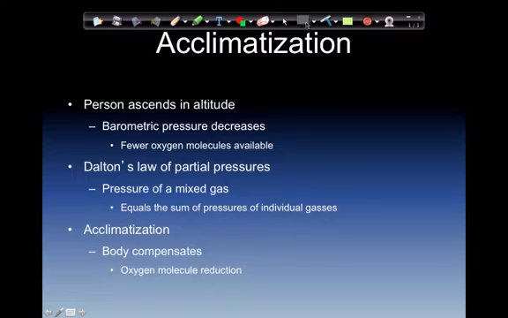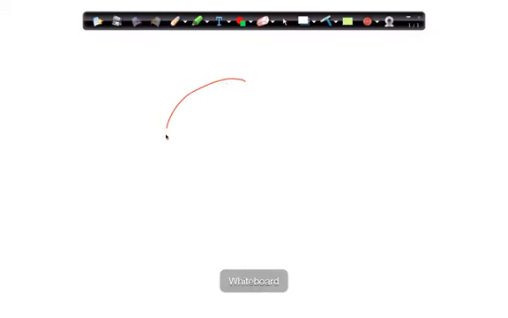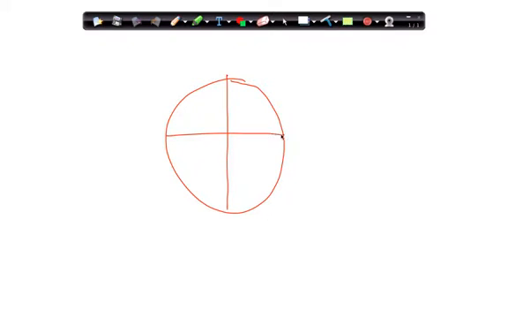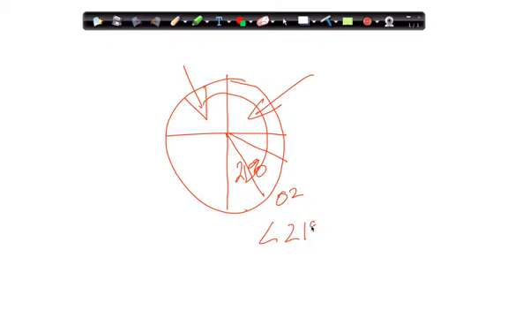Now, I'm going to talk about this for just a second because this is pretty confusing. I look at this like a pie. 21% of that pie is oxygen. If we add anything else into this pie at all, that could displace this 21% and make it less very easily.